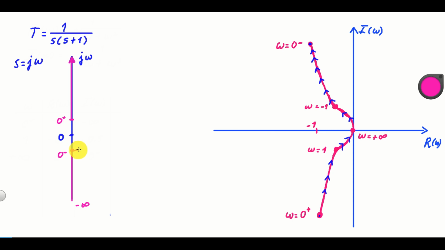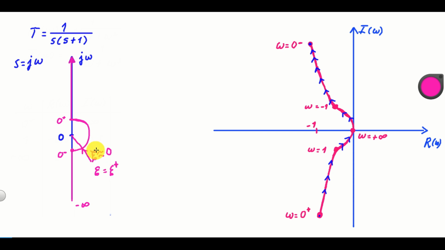We are going to do this. We are going to go along a semicircle whose radius is equal to epsilon, where epsilon is a very small number. That is, epsilon is almost equal to 0. Or, using our notation, epsilon is equal to epsilon plus.